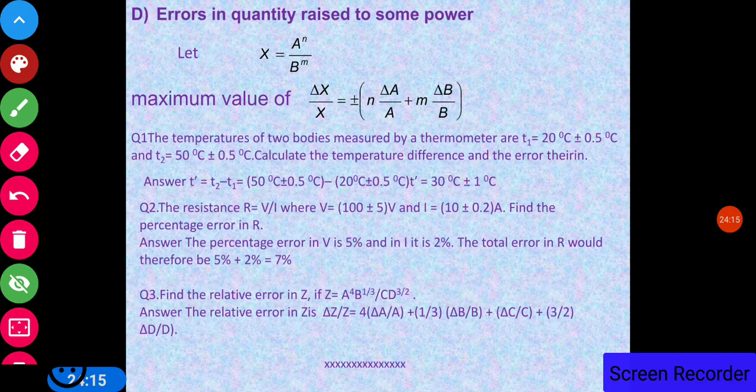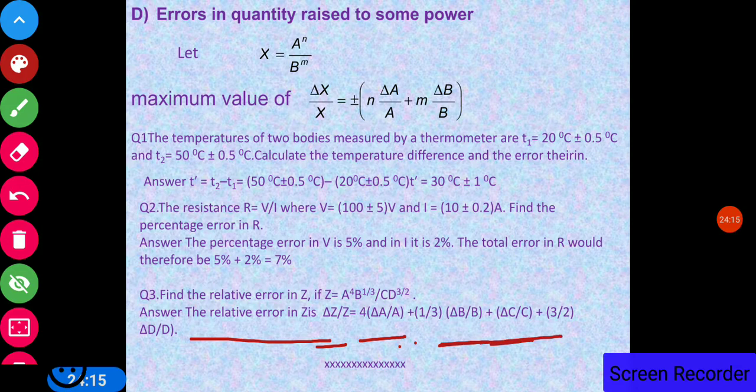Now let us solve one more numerical. Here Z is a raised to power 4, b raised to power 1 by 3 upon c d raised to power 3 by 2. Here we have to find the relative error. So relative error is del Z upon Z. Now the power of A is 4, so 4 will be multiplied: 4 del A upon A plus 1 by 3 del B upon B. Now C is in the denominator, but when we are finding the error, it will be added again.